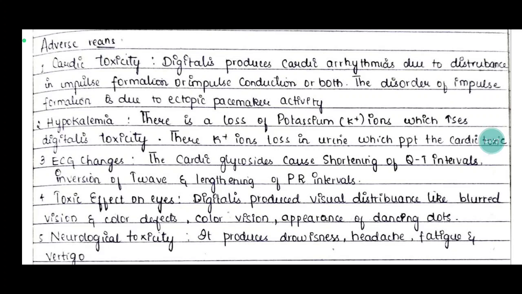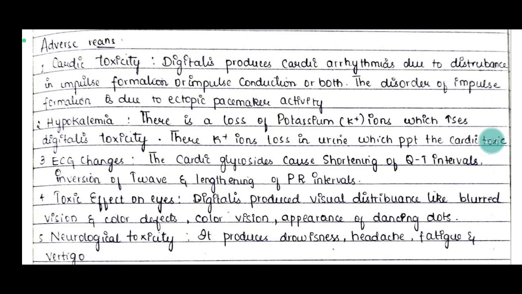The cardiac glycosides cause shortening of the QT interval, inversion of the T wave, and lengthening of the PR interval. Then there is the toxic effect on the eye, where vision may be disturbed, color vision defects may occur, or the appearance of halos, or dancing dots may appear in front of the eyes.